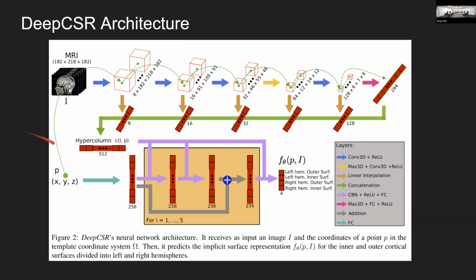So I would imagine that this P value allows it to answer that question for each P that you ask it. So you need the image and you need to be asking it for a specific point. The marching cube is walking around and basically asking the network, given the image and this particular point, where am I? And if it's not near the level set where everything's 0, then it's off course.